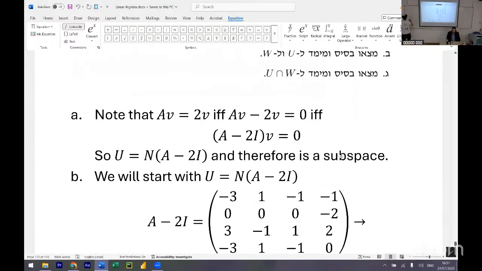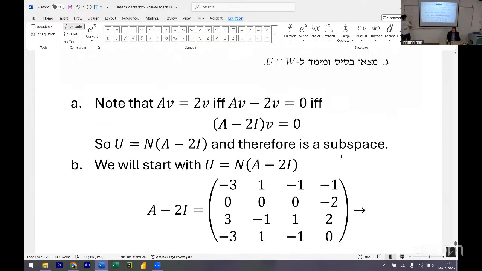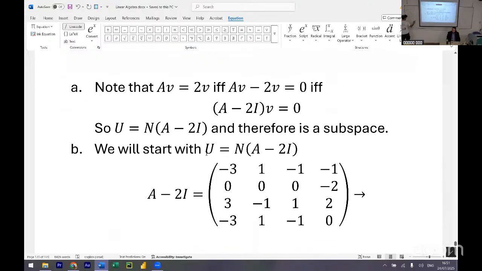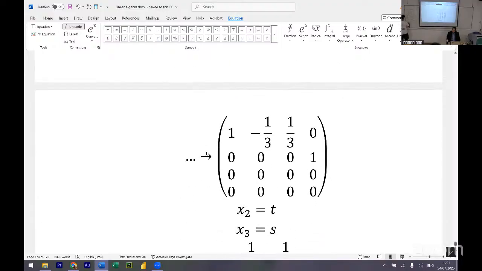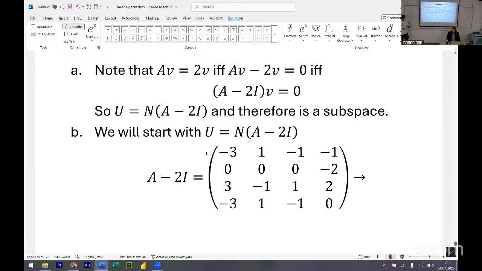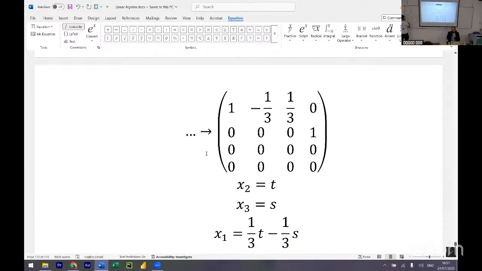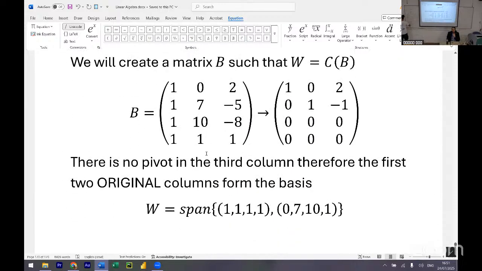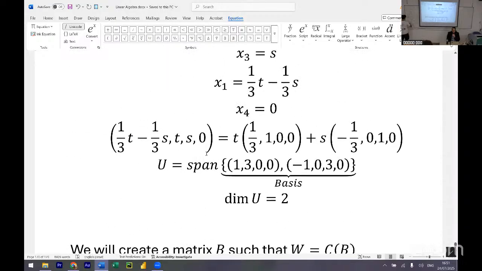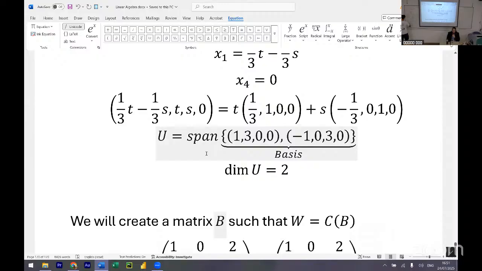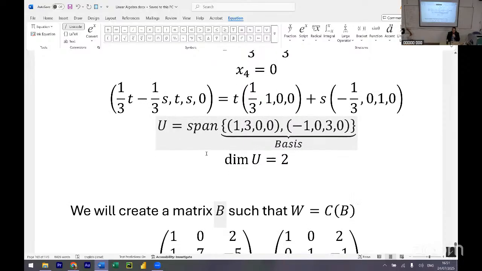Okay, so the third part of this question is to find the intersection of the two subspaces. There are a few ways about it. You could either start with the algebra or start directly with a matrix. Let's start with algebra, because that's what we do.